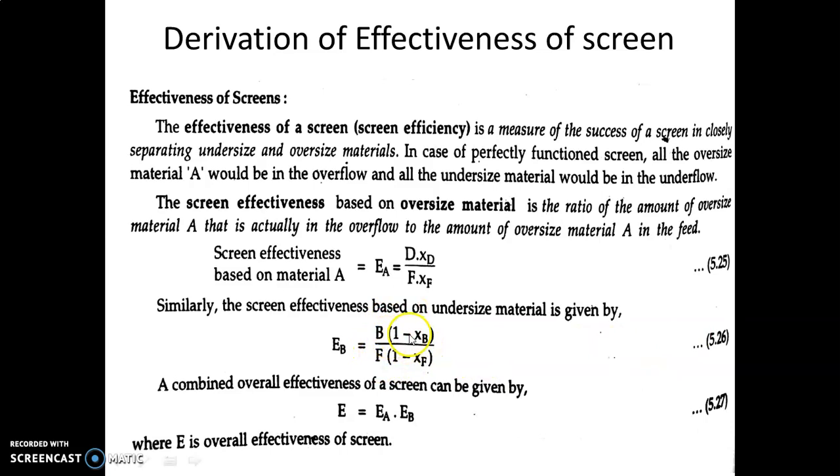We know that B into 1 minus XB is the undersize material in the underflow, and this is the material in the feed. The combined overall effectiveness of the screen is given by the multiplication of these two, so capital E is equal to EA times EB. That means the effectiveness of material A multiplied by the effectiveness of material B gives the overall efficiency of the screen.